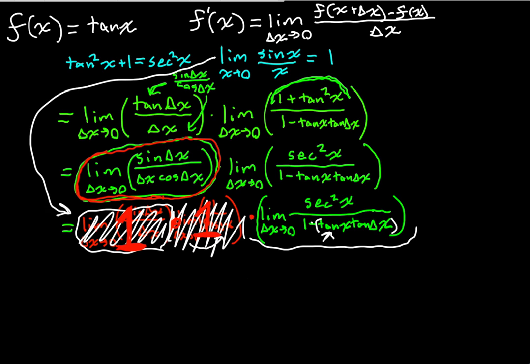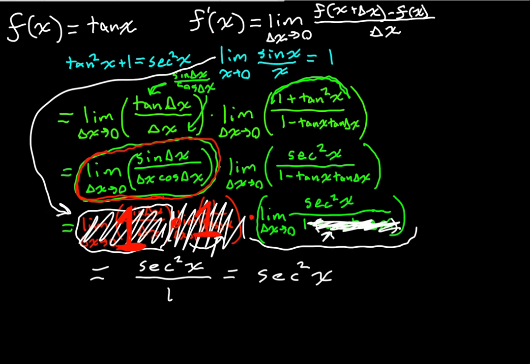So this whole thing is just going to disappear into 0. And we get the limit as delta x, well, this delta x, we've seen what happens when delta x goes to 0. So our final answer, because this goes to nothing, and we get secant squared of x divided by 1, or secant squared of x.